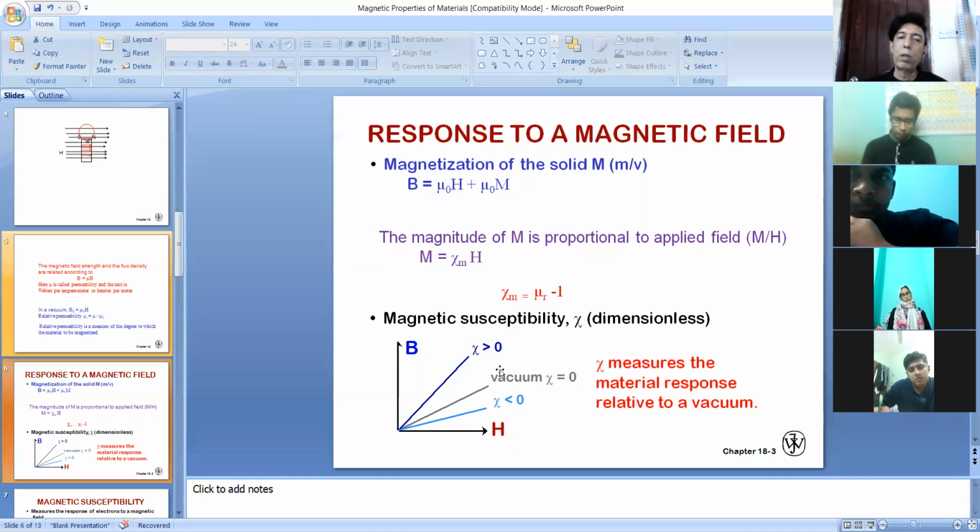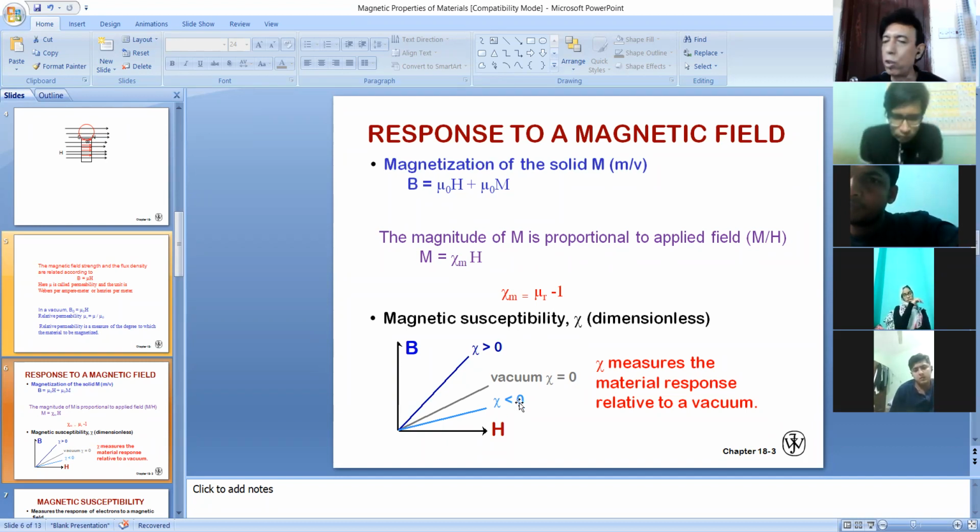Now how does it tell the material's response relative to vacuum? By this equation. If the mu r value is less than 1, then this value will be negative, then chi will be less than 0.